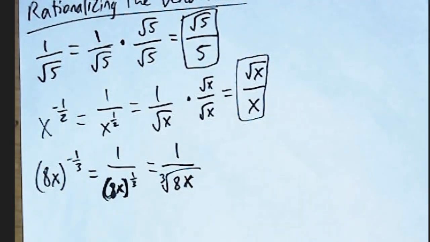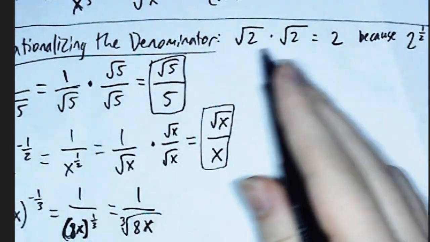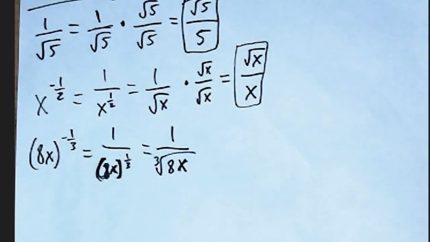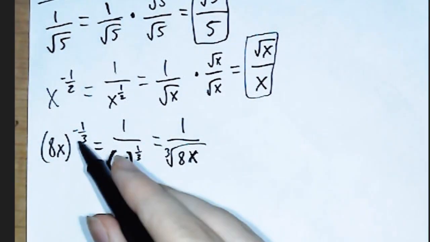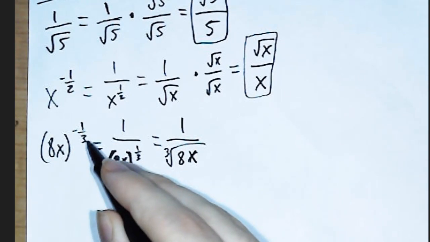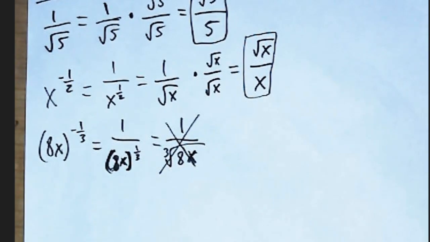Okay. Now, this technique only works with square roots. As a matter of fact, if you're given a negative exponent and the denominator isn't 2, it is actually best to not write it in radical form yet.